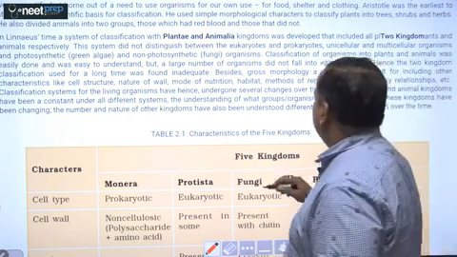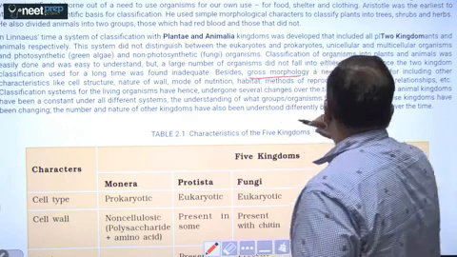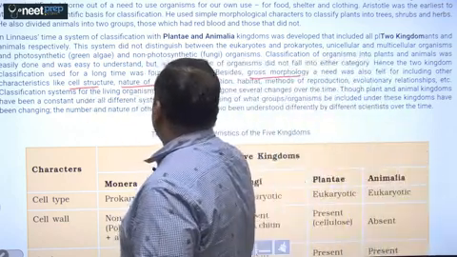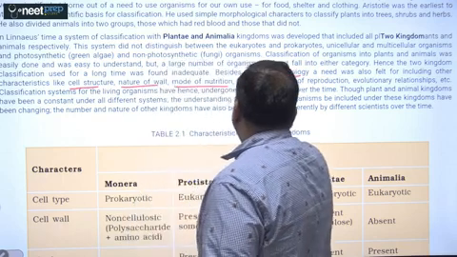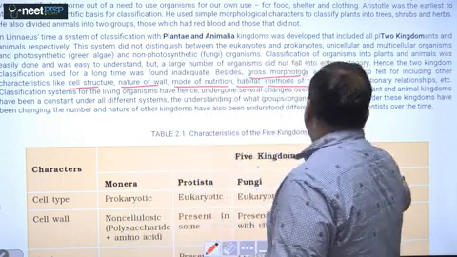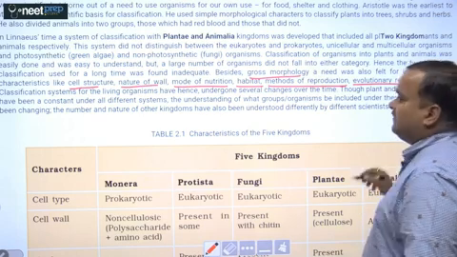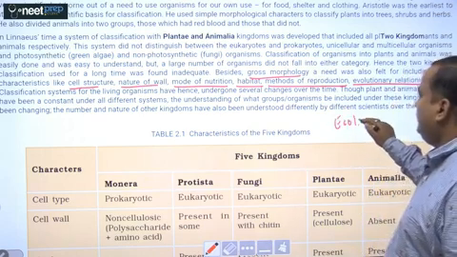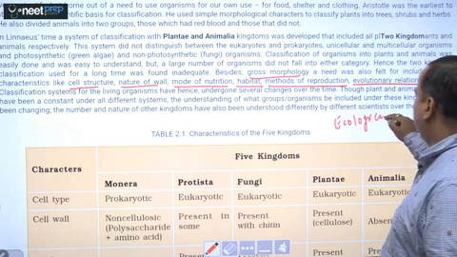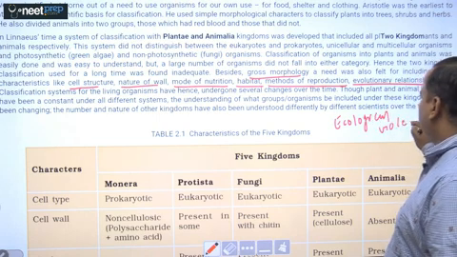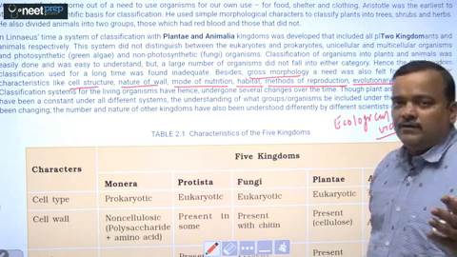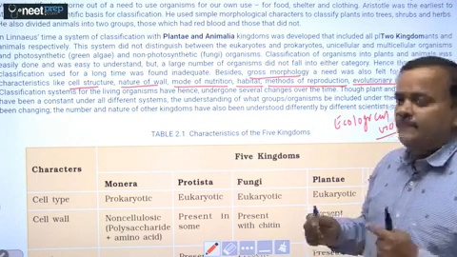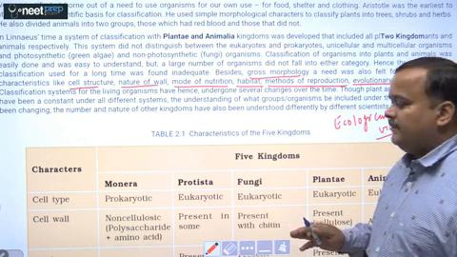So these are morphology, cell structure, nature of cell wall, mode of nutrition, habitat, method of reproduction, evolutionary relationship, etc. Along with that, ecological role. Okay, ecological role means what role that organisms play in nature. So all these factors are considered by R.H. Whittaker to propose the five kingdom classification.